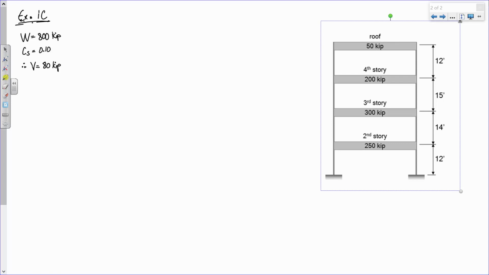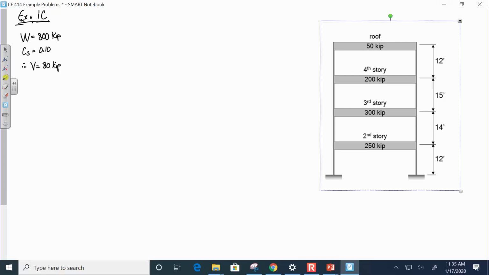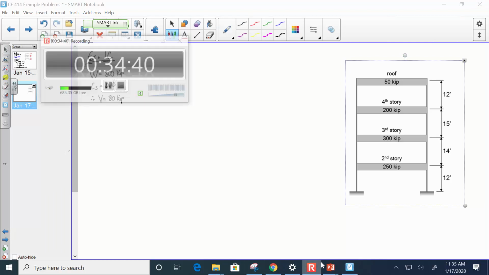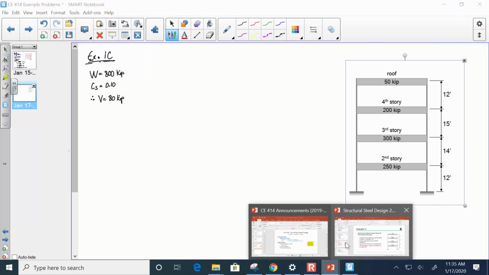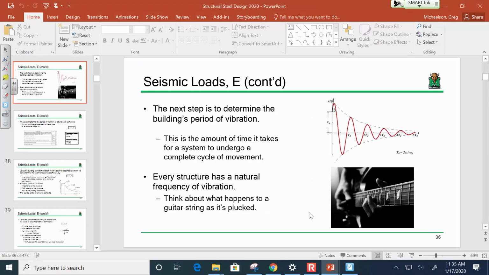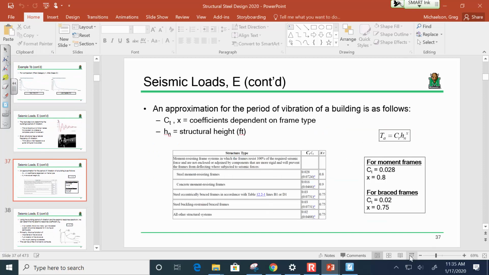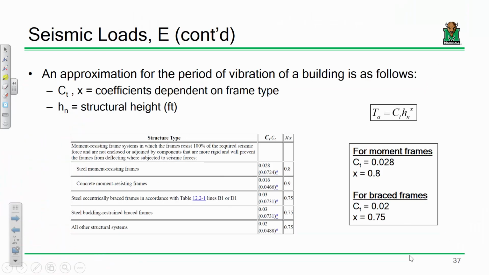In other words, if I put this structure under free vibration, how much time does it take to undergo a complete cycle from beginning to end? Now, the expression that we use to do that is our means by which we compute the approximate period of vibration.